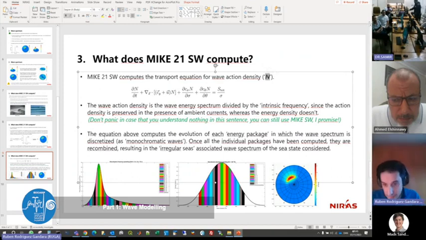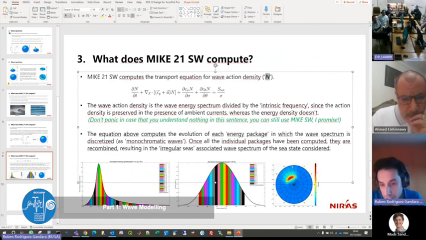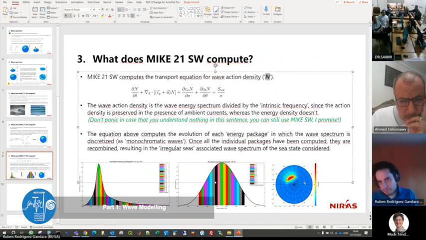So you see this circle in here, discretizing frequencies and directions, and all of those values of energy density in that spectrum are divided by something that we call the intrinsic frequency.